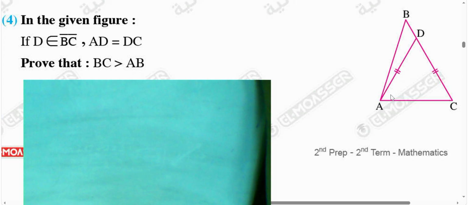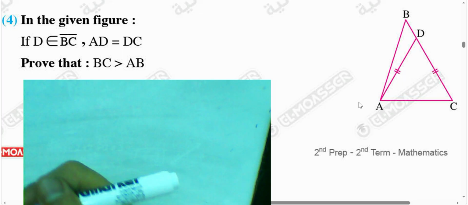The measure of angle DAC is less than the measure of angle A because DAC is a subset of angle A. Then the measure of angle A will be greater than angle C because angle A is greater than angle DAC. Then the opposite side BC is greater than the opposite side of angle C, so BC is greater than AB. Okay, understood?